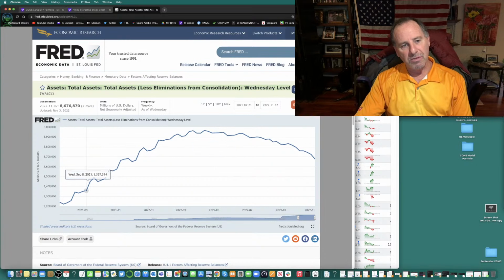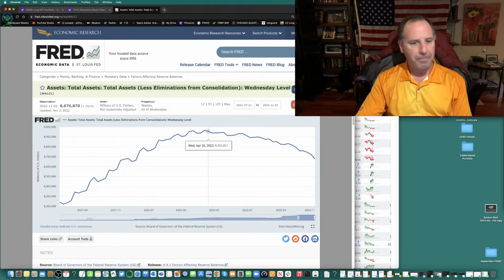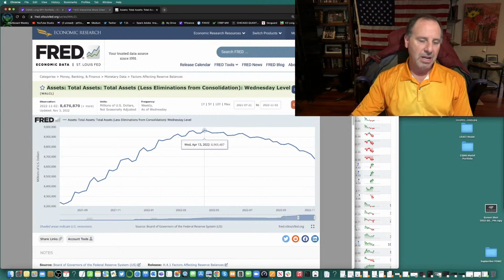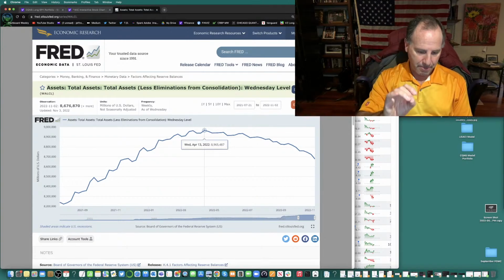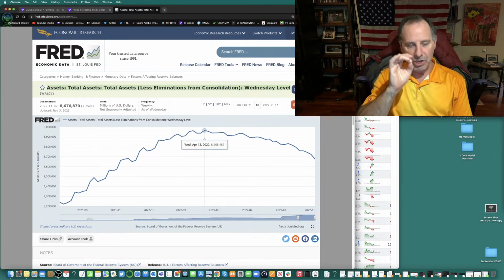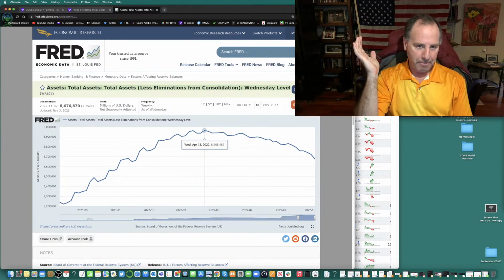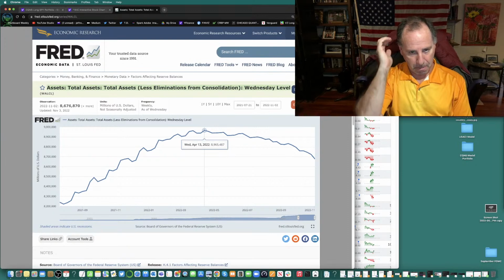The Federal Reserve holds 31... That's not true. The Federal Reserve at its peak held about $9 trillion worth of assets. The U.S. federal government has 31 trillion in debt outstanding right now.